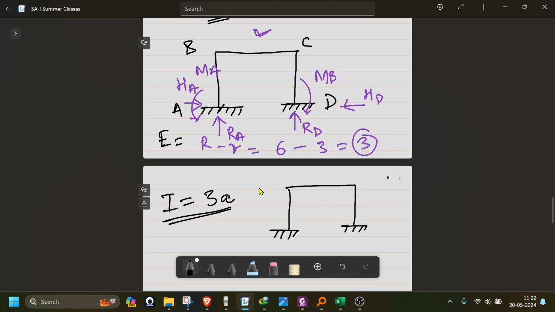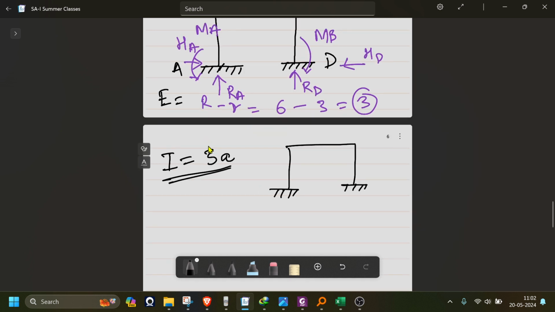So what is this A? A is the number of enclosed cells. Enclosed means this inner structure should be closed. Is this closed? No. If one more horizontal member had been there, then we would say this one is closed, right?